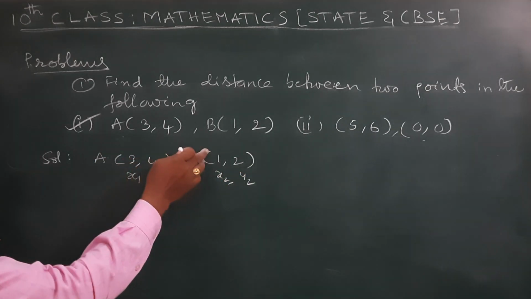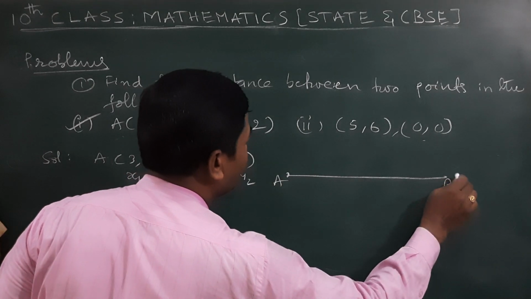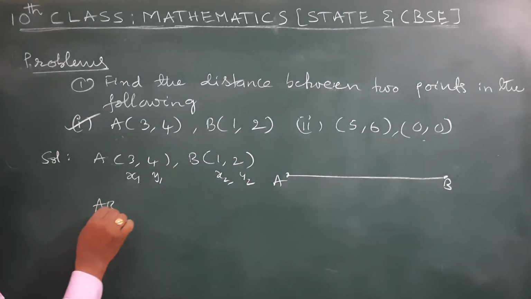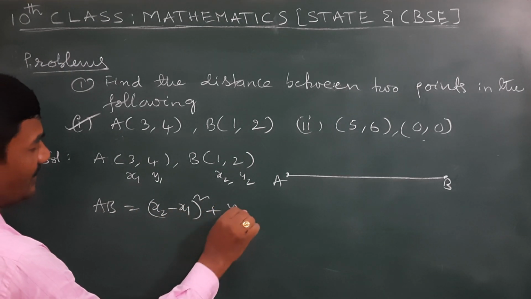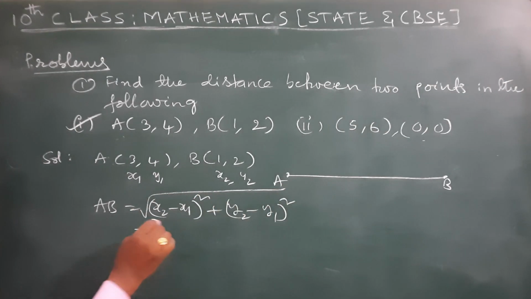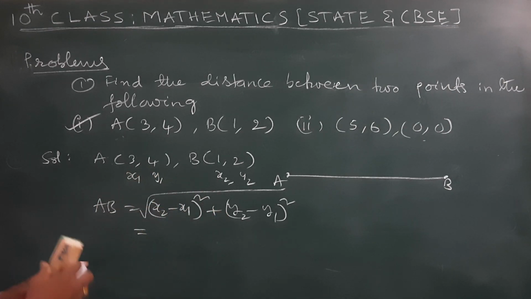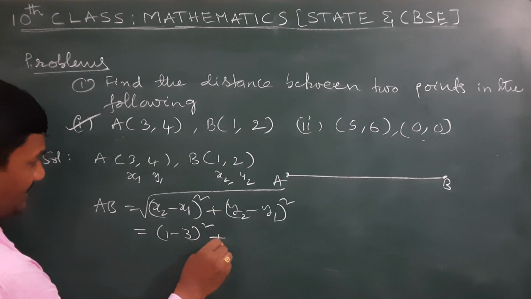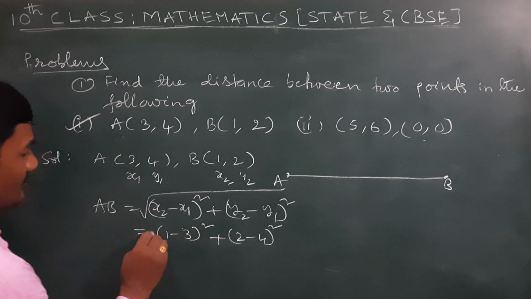So the distance between 2 points, this is point A and this is point B, right? What is the formula? AB is equal to under root of x2 minus x1 whole square plus y2 minus y1 whole square. Put the values: x1 is 3, x2 is 1, so x2 minus x1 is 1 minus 3, whole square, plus y2 minus y1, 2 minus 4, whole square, under root.